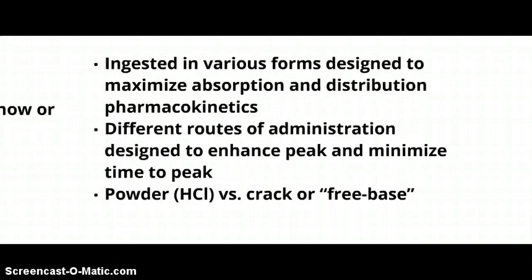What you would want to do if you're a drug addict, I mean, obviously, you don't want to do this, but you want to figure out a way to maximize the absorption and distribution of the drug. And so the best way to do that is likely smoking the drug.